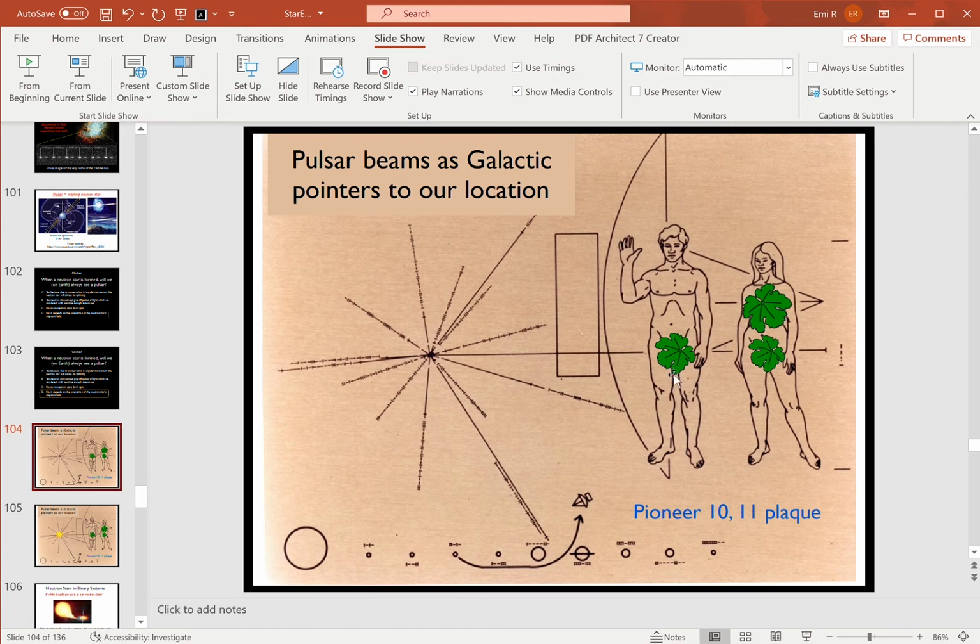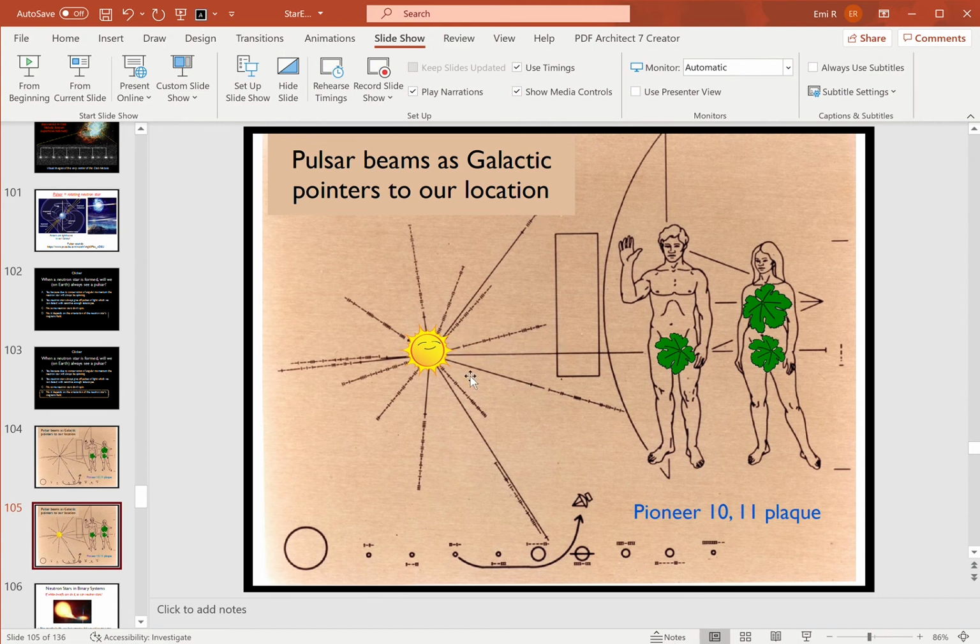So this one was a plaque crafted in gold, sent on the Pioneer 10 and 11 spacecraft that have been sent through the outer solar system. And in this plaque, we represent humans. Here is the sun, and here those lines represent directions to different pulsars that we can see.